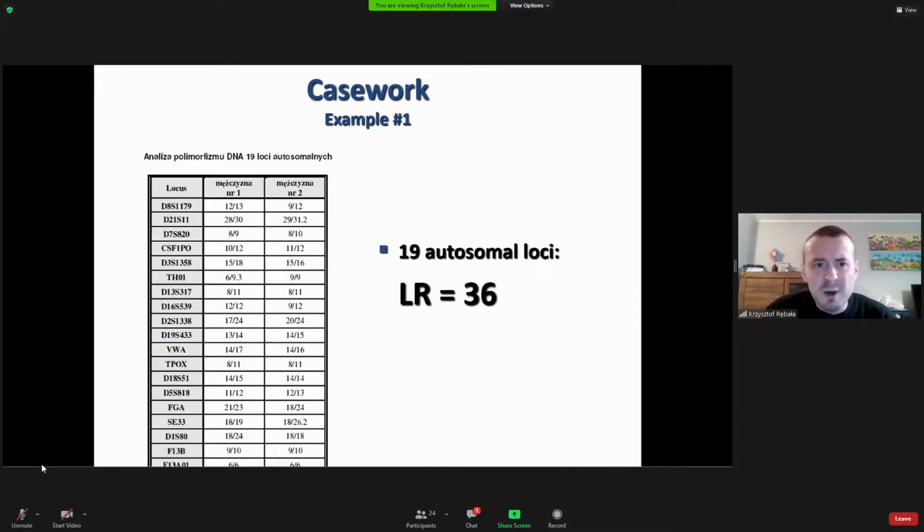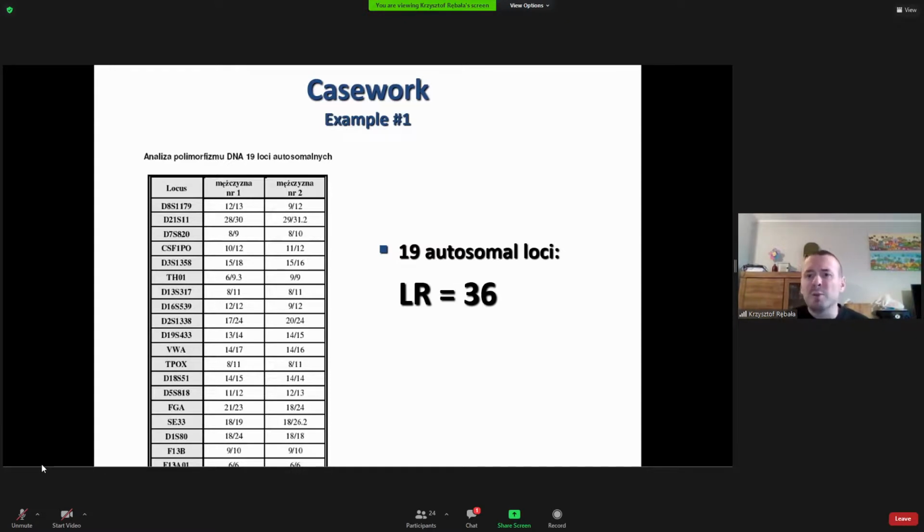Okay, so we tested in total 19 autosomal markers. As many as 16 out of 19 markers showed common alleles between these two individuals. Okay, so I think it's quite many, 16 out of 19. But of course, it doesn't tell us anything about relationship because these alleles may be very common, very frequent in Europe.